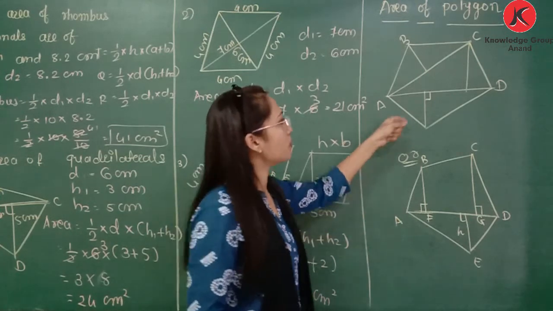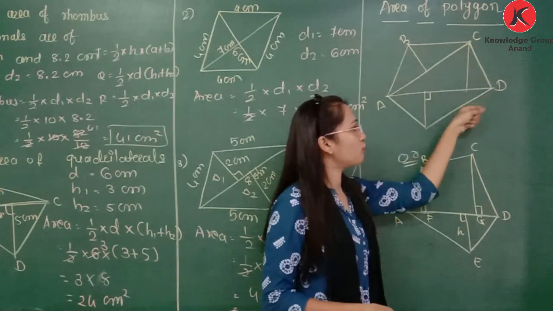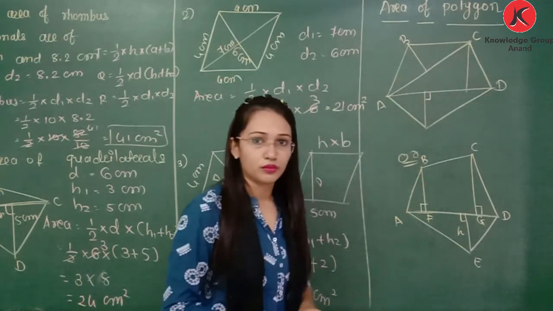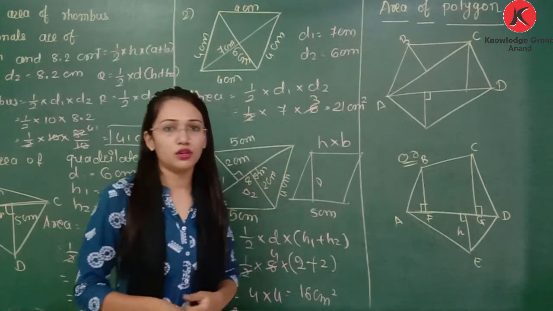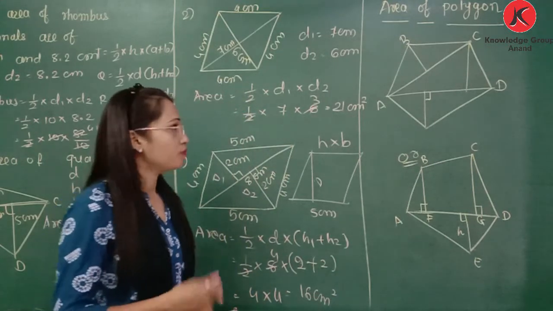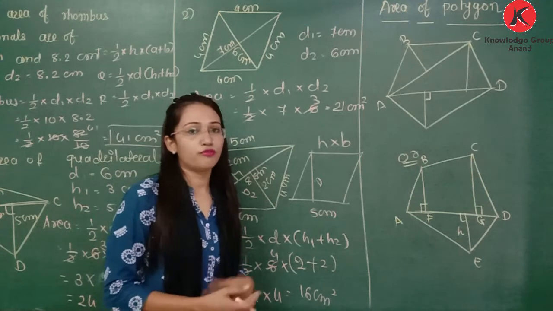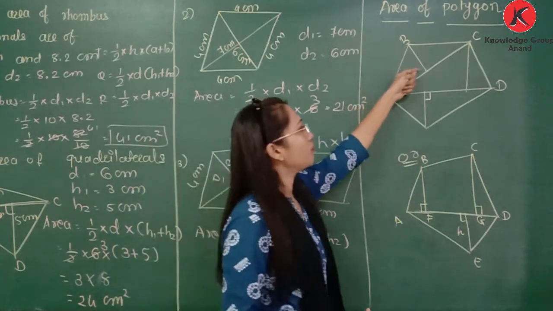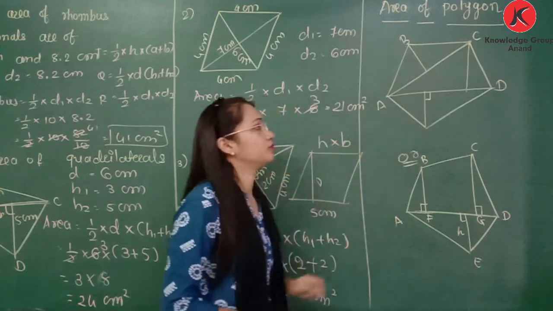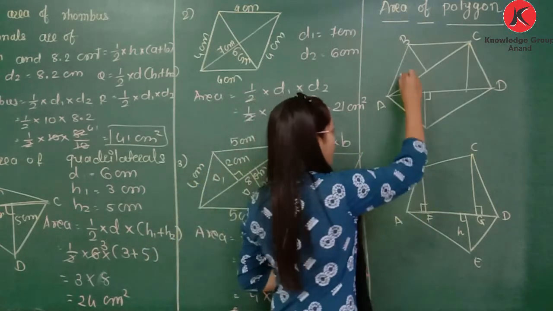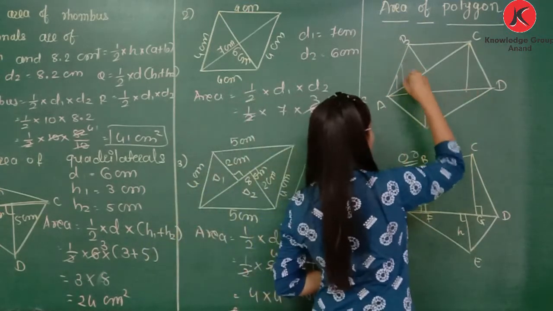You can see in this figure how many sides? 1, 2, 3, 4, 5. So it is a pentagon. So how can we find the area of a pentagon? We divide the pentagon into some known figures, and then if the measurements of values in these known figures are given, we can find the area of the whole pentagon. So here we divide this pentagon into three triangles.